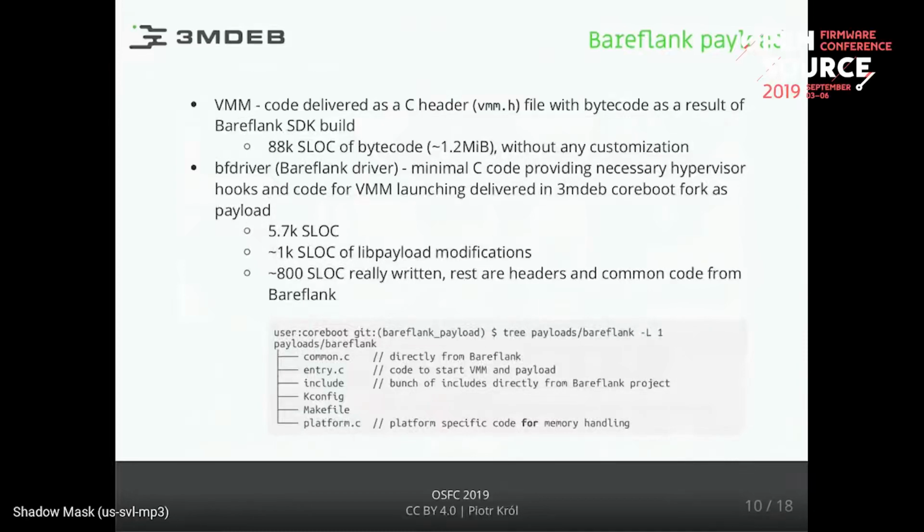It required libpayload modifications because libpayload, which is required to build a payload, was just 32 bits, and we had to extend it to support 64 bits. And other headers we had to import from the Bareflank project because we use functions from there. So the tree looks like you see here. It's inside the coreboot project. It's on our GitHub. You can use that, compile and test.